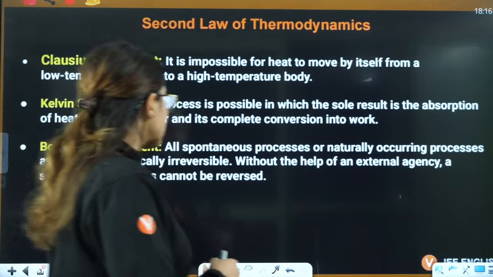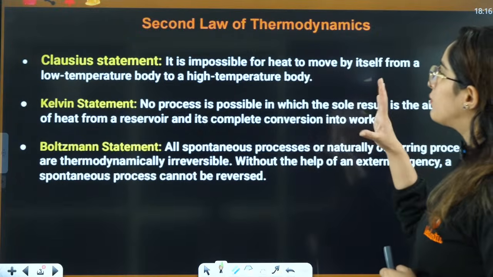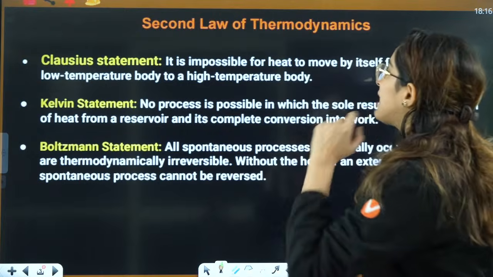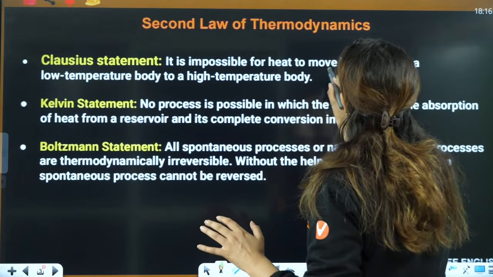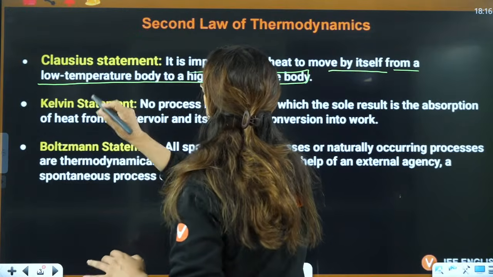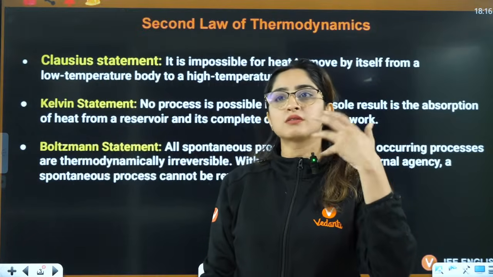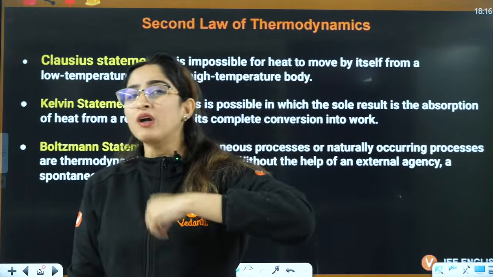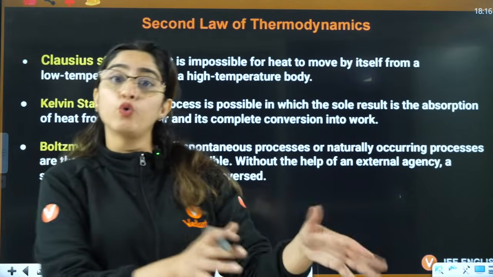So let's see the second law of thermodynamics first. The second law of thermodynamics has three statements. First is Clausius statement: it is impossible for heat to move by itself from a low temperature to a high temperature. As we know, heat always goes from a hot body to a cool body, that means spontaneously it moves from high temperature to low temperature.